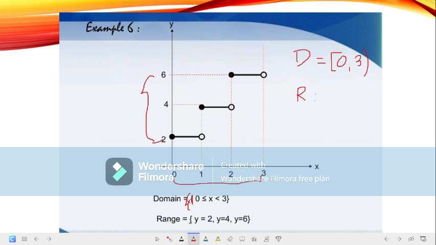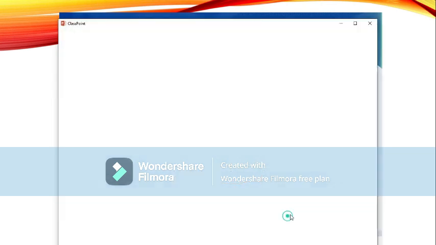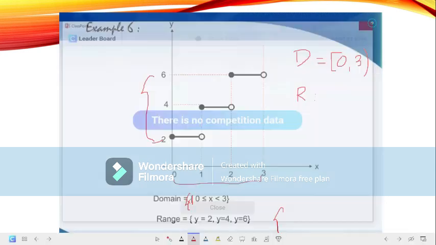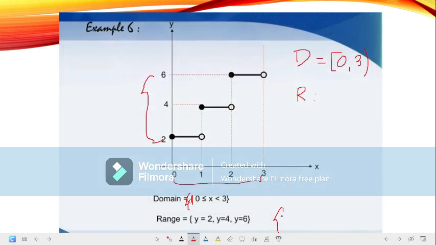This is what we call set notation, wherein we simply write y is equal to 2, y is equal to 4, or y is equal to 6, or you can simply write 2, 4, 6.